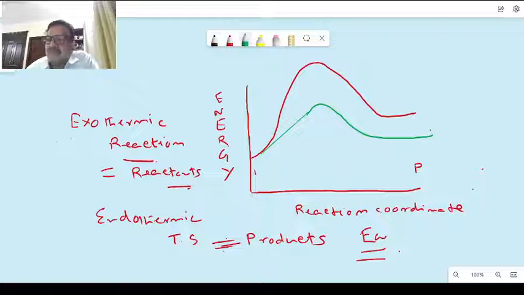Two types of reactions. Now, which is the lower energy transition state? The lower energy transition state leads to the lower energy product here. So this reaction, which one will it be? This is the lower energy transition state here. Now this is the product here. Then this is the reactants here.